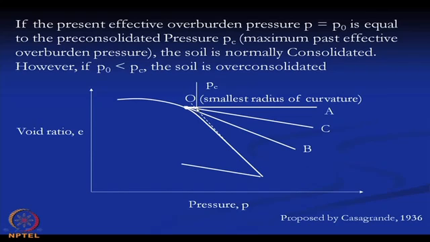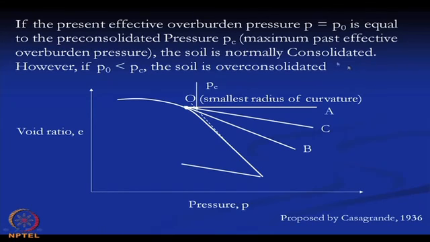Identify that point, and the pressure corresponding to that point is called the over consolidated pressure or maximum past effective overburden pressure. This way we can determine the PC. Now, if the present effective overburden pressure P0 is equal to the pre-consolidation pressure PC, then the soil is called normally consolidated soil.